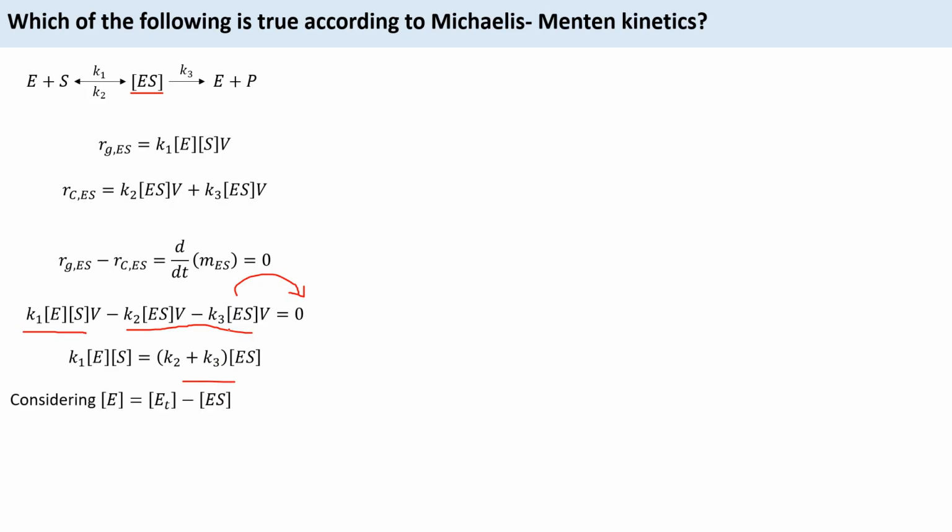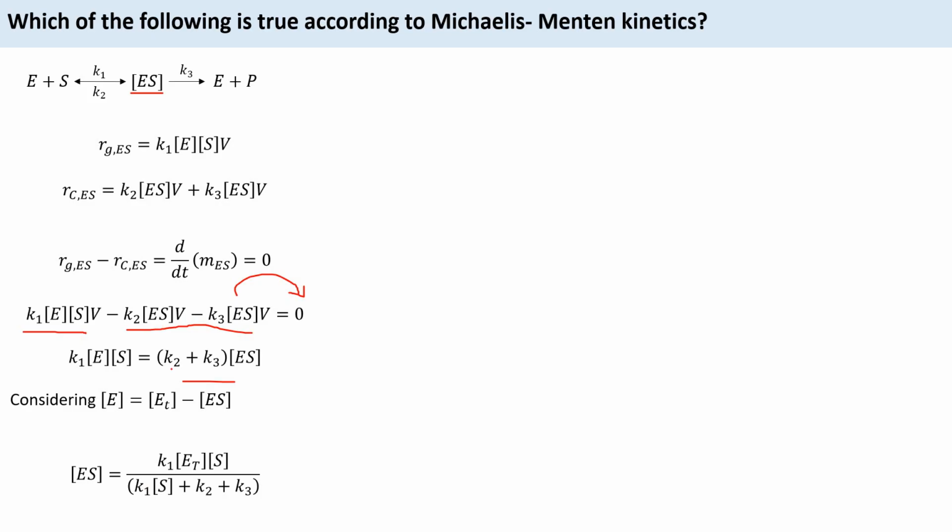Okay. So now considering E, that means the enzyme at that time, is equal to the total enzyme concentration minus the enzyme substrate complex. So the total enzyme concentration you give at the start of the experiment can be present either as free E or else as ES. That's what this equation denotes. So we are going to convert everything in terms of Et.